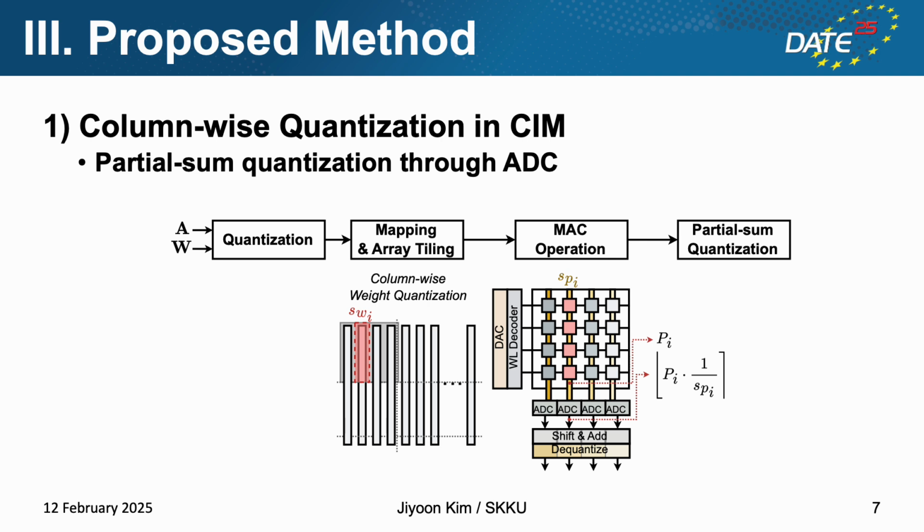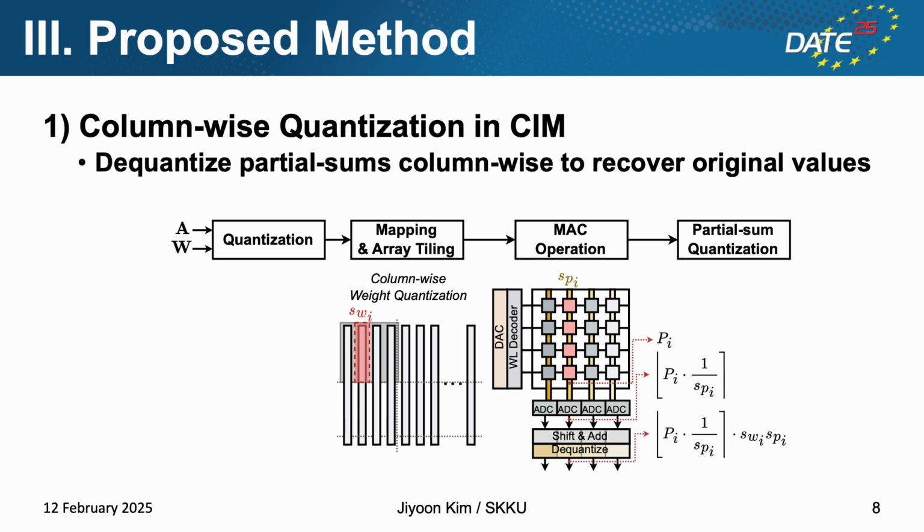As mentioned earlier, the precision of the ADC plays a critical role in determining the overall quantization error. By using column-wise quantization, we can achieve better accuracy while keeping ADC resolution relatively low. This approach allows us to reduce ADC overhead without sacrificing computational accuracy, which is a key consideration in SIM architectures.